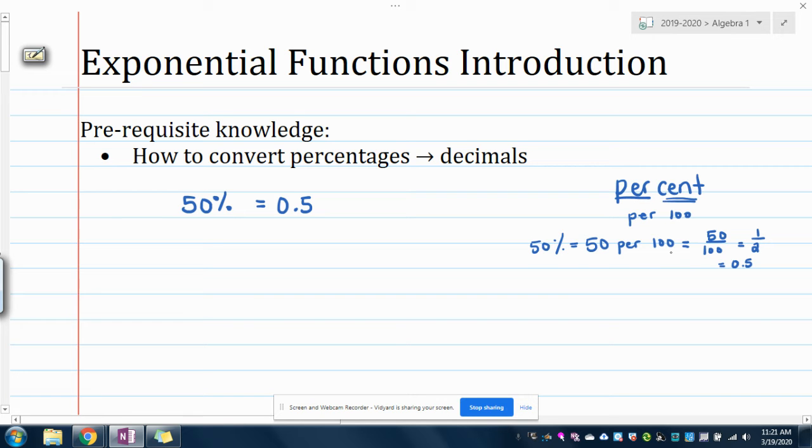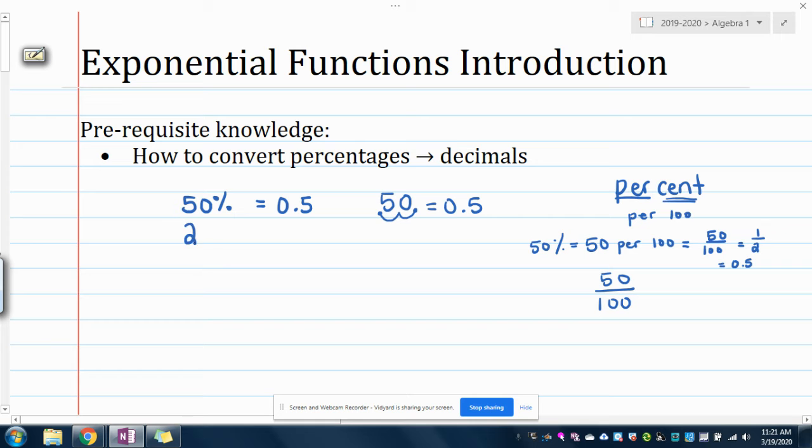Now, what we've done in the past is when you are dividing by 100, so if I have 50 over 100, I could take the decimal place and move it to the left 2 places, and I'm going to get 0.5. So all you got to do is move the decimal place of 50 over 2.